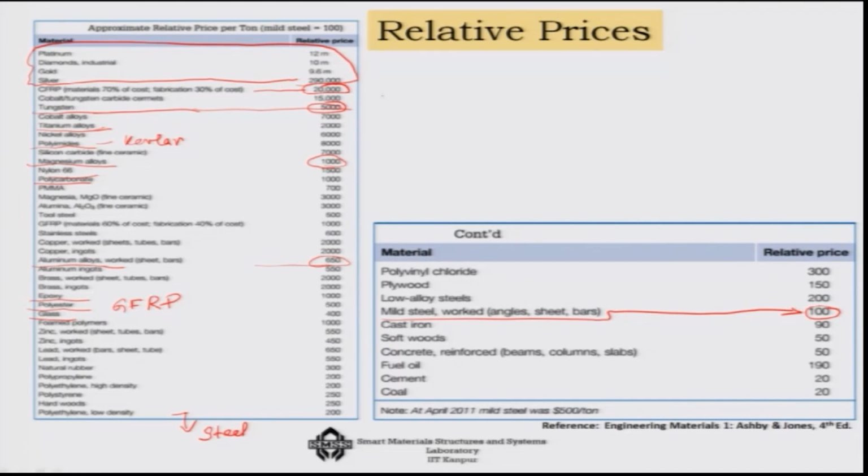So, that means this is 200 times more expensive than steel. This is very important for us, because we will indeed save a lot of weight by using carbon fiber reinforced plastic, but we have to be ready to spend 200 times more money for that system.